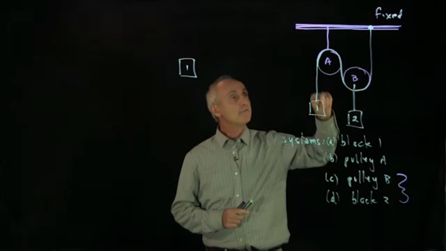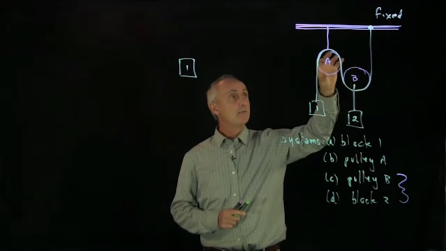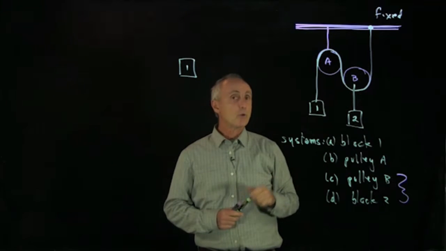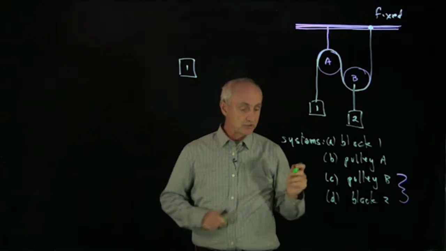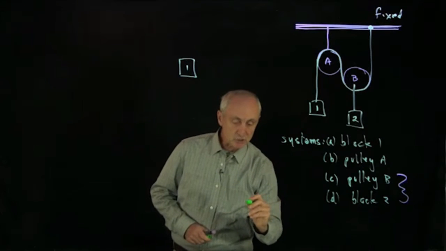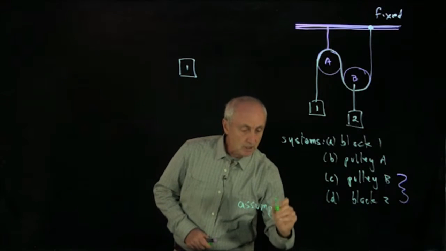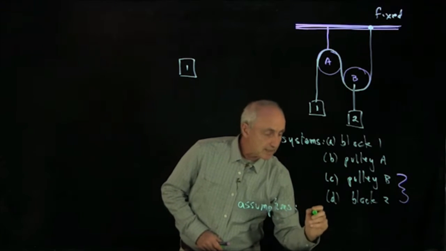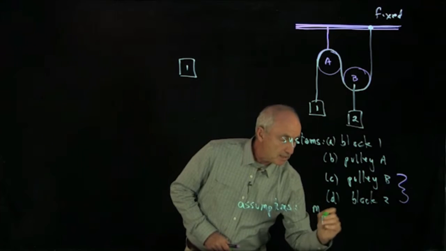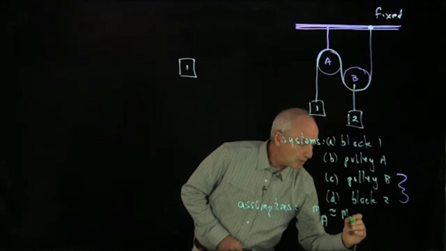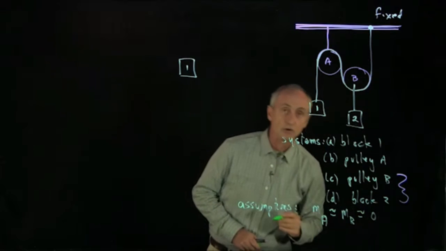For instance, we have a rope that's wrapped around this pulley, and we have 2 pulleys that in principle could be rotating. But what we'd like to do is simplify our analysis. So let's keep track of some assumptions here. Our first assumption will be that the mass of pulley A and the mass of pulley B are approximately 0.